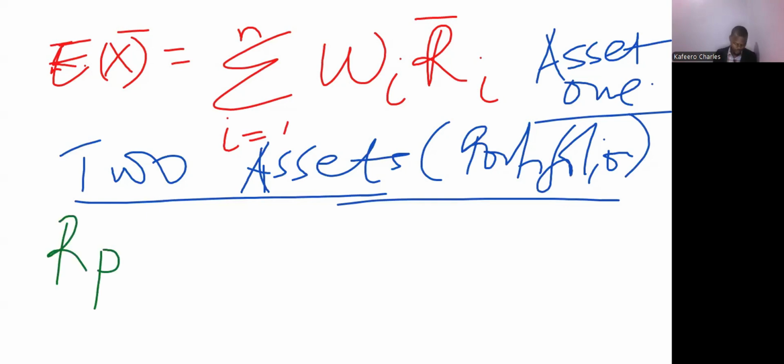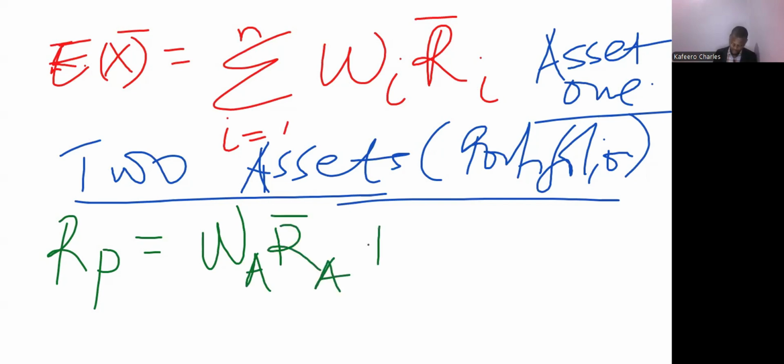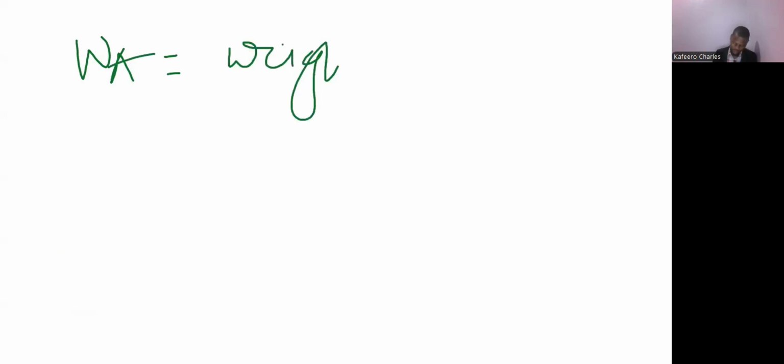Expected return of a portfolio will be WA RA bar plus WB RB bar, where the WA is actually the weight, or probability, of asset A.